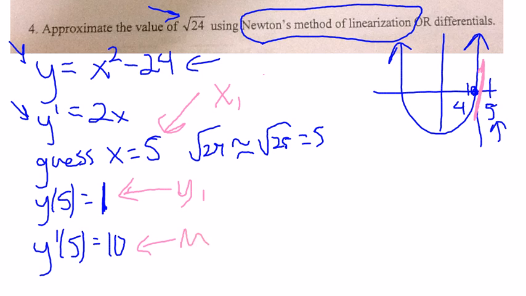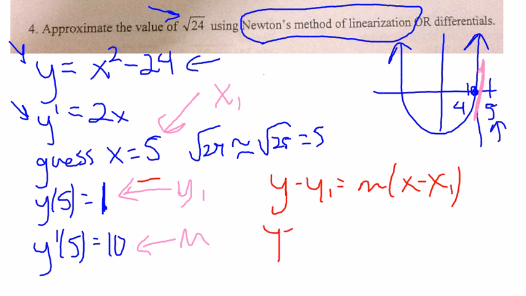So what I get is y minus y1 equals m times x minus x1. So now I just plug these pink numbers in. So I get y minus this guy, 1, equals m, which is that guy, 10, times x minus that guy, 5. So from here I need to solve.